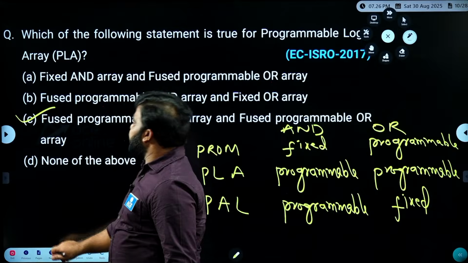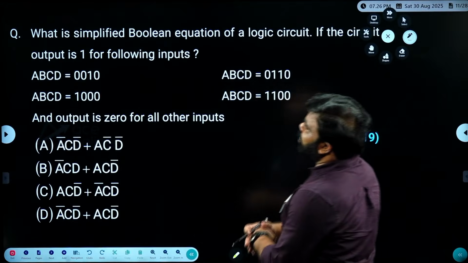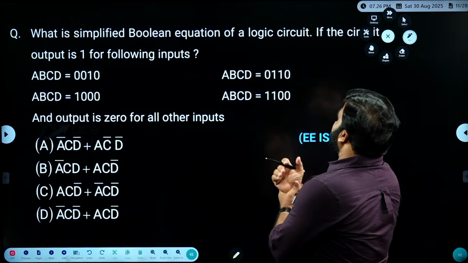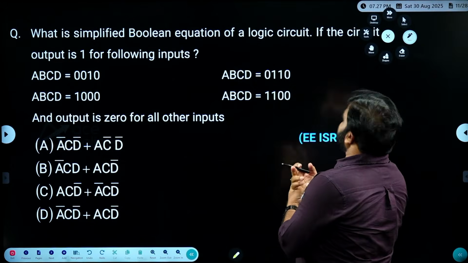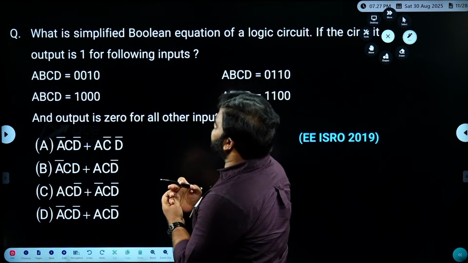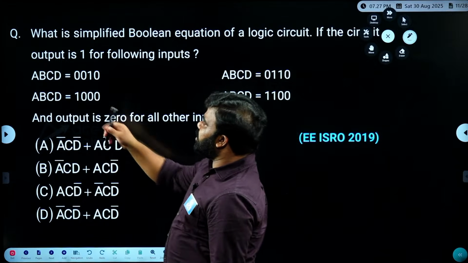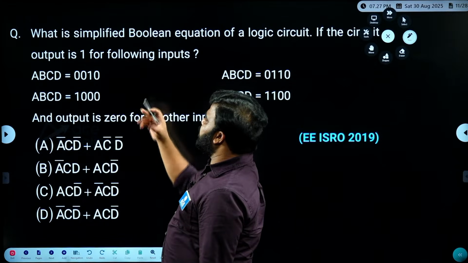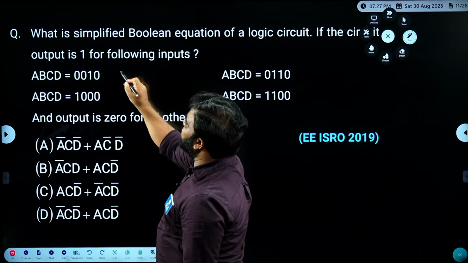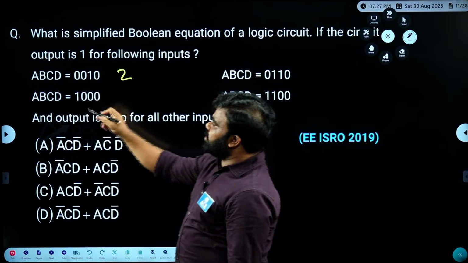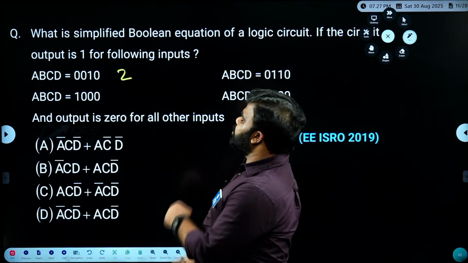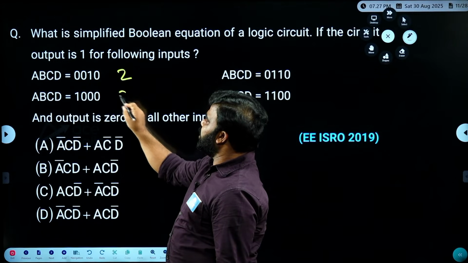Now, let us see next question. What is the simplified Boolean equation of a logic circuit if the circuit output is 1 for the following inputs? ABCD 0 0 1 0, function is 1, which is minterm 2. ABCD 1 0 0 0, function is 1, it is 8.